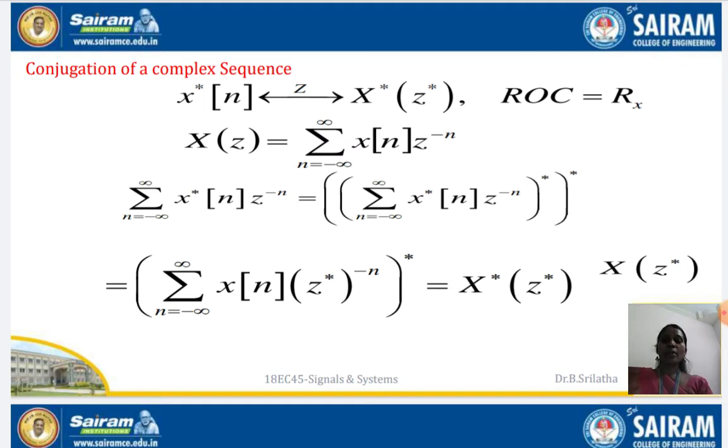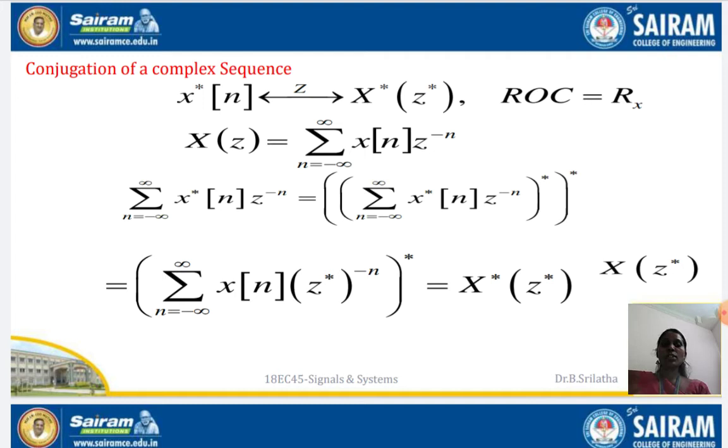Now I am going to apply two conjugates. If you apply both conjugates, you get the same thing, so nothing will differ. For simplification, I am going to apply two conjugates: the summation of x conjugate of n z power minus n conjugate, and then the whole conjugate.